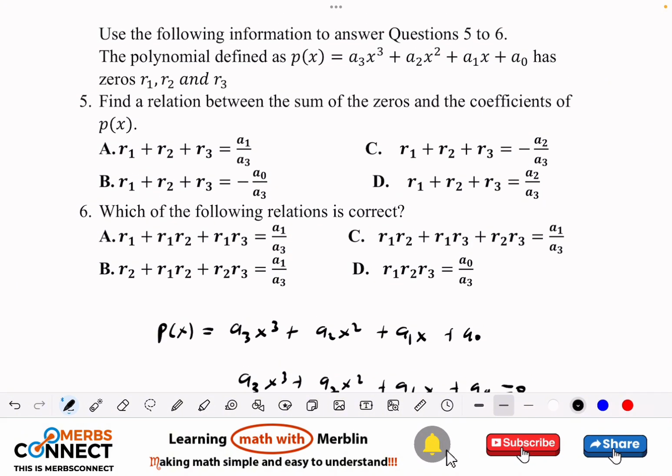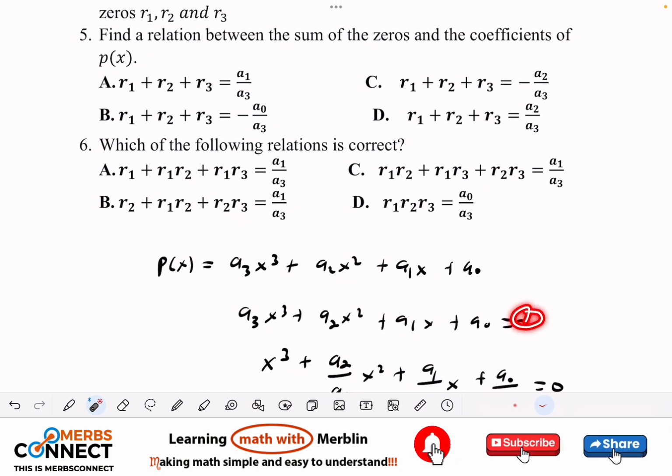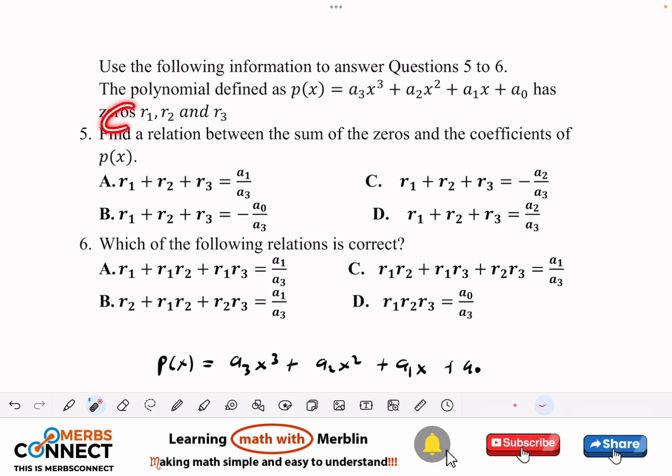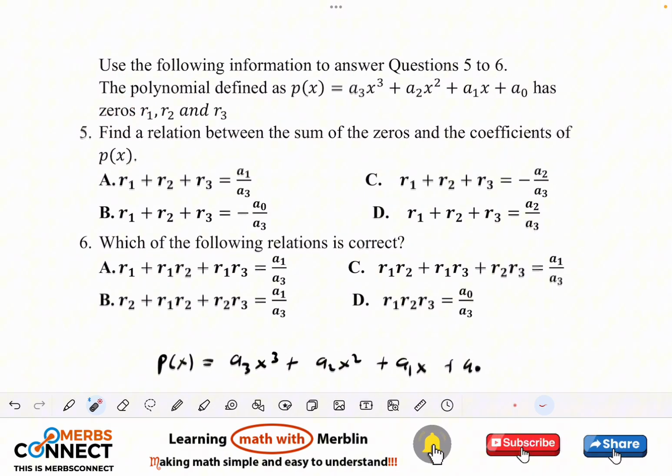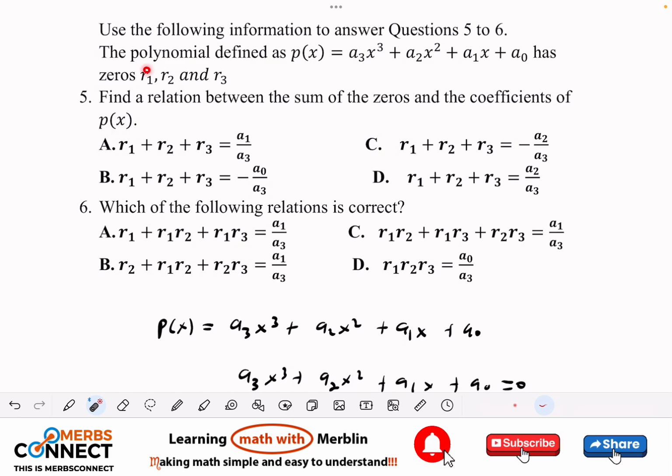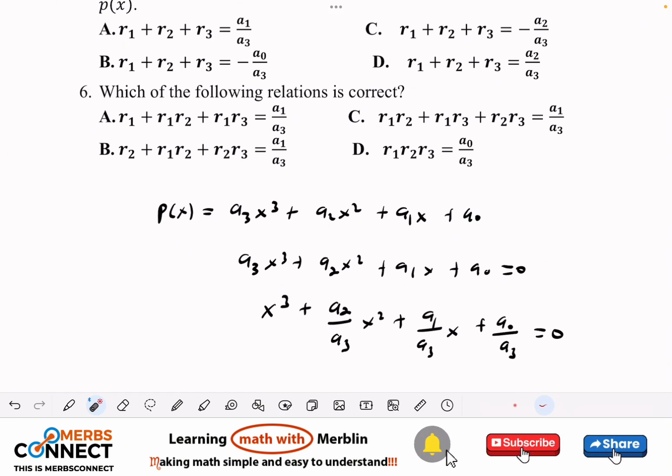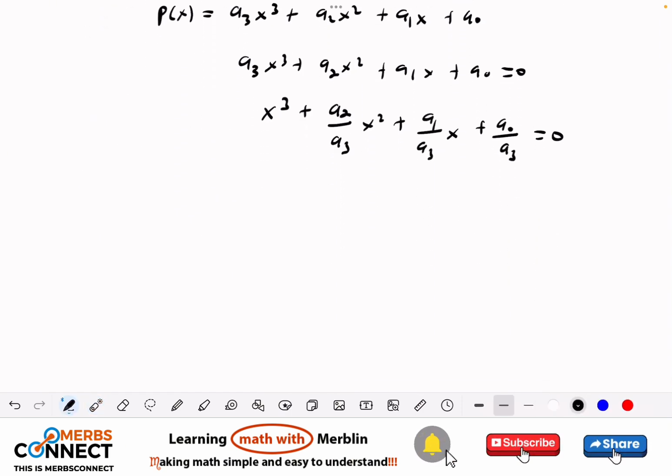So what are the roots? Now, I set this one to be 0 because they are saying that these are the zeros, right? When you're talking about zeros, it means that when I plug them in, I should get 0. And it has a zero of this, this, and that. So what it means is r1, r2, and r3 are zeros, right?